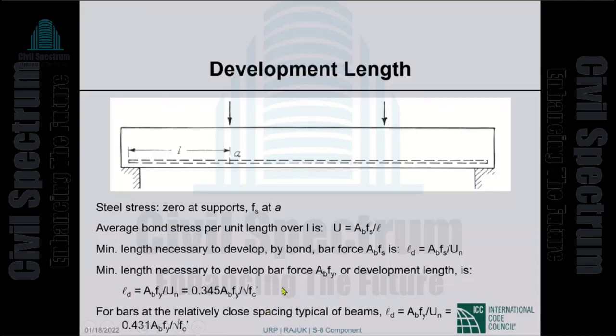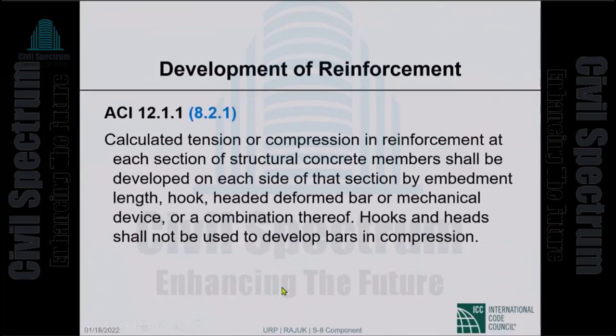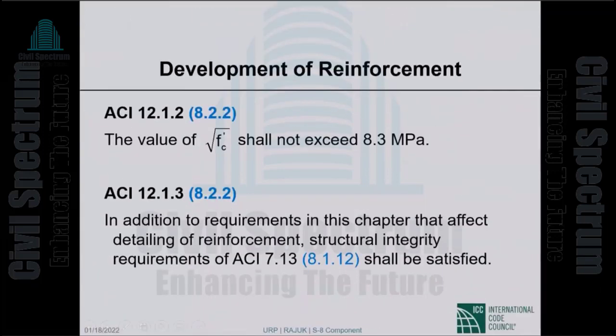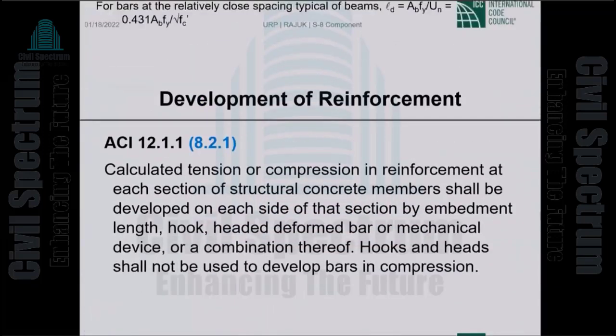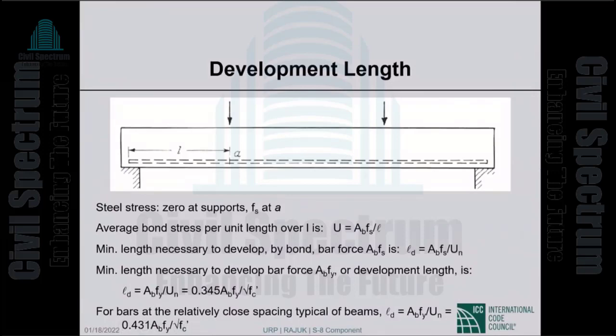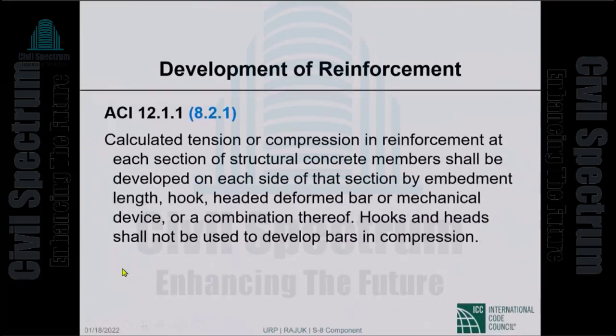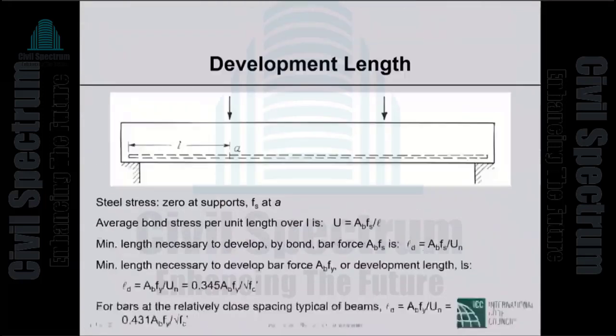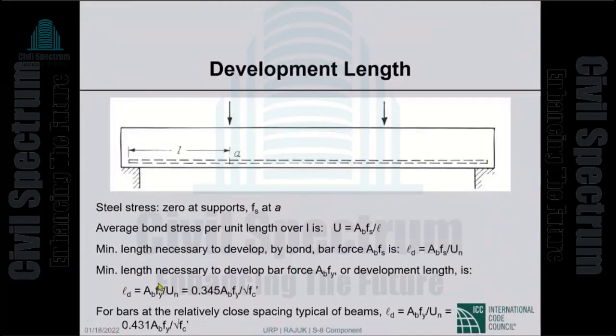So these are important results. Minimum length necessary to develop bar force A sub B F sub Y is 0.345 A sub B F sub Y divided by square root of F sub C prime.